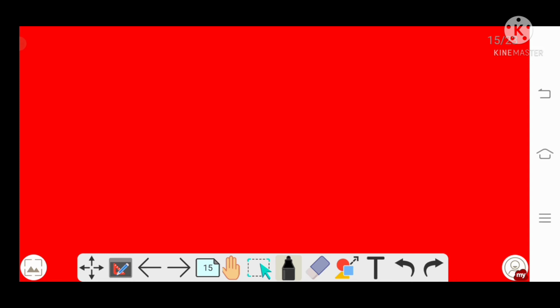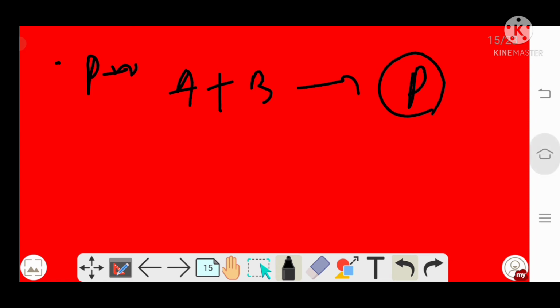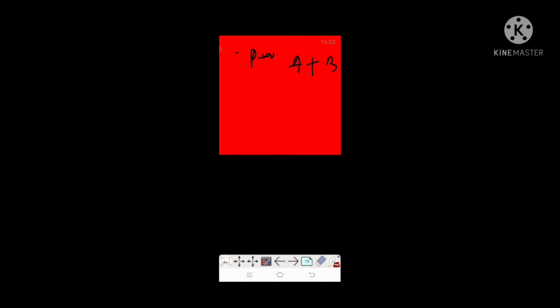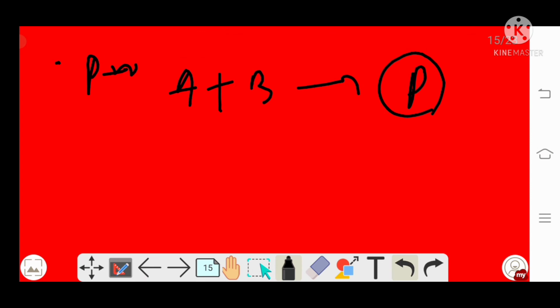Similarly, in an endothermic reaction the product has higher energy than that of the reactant.